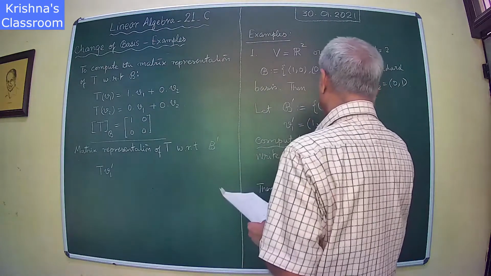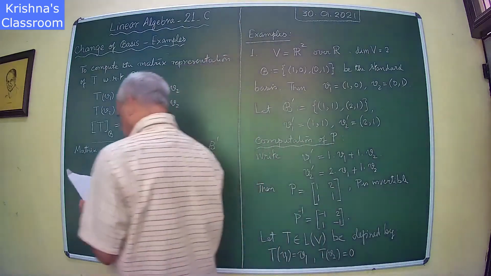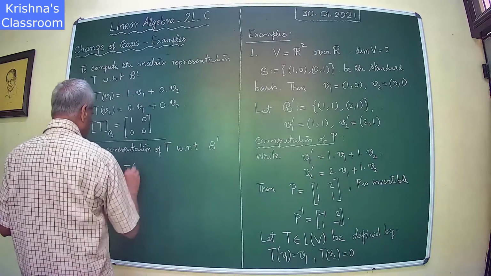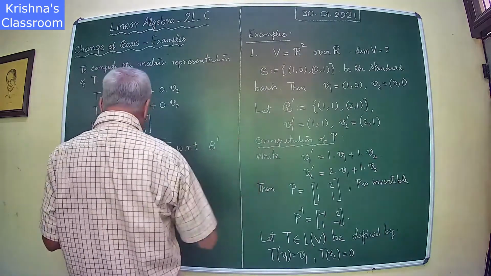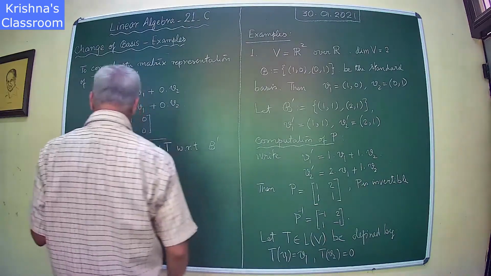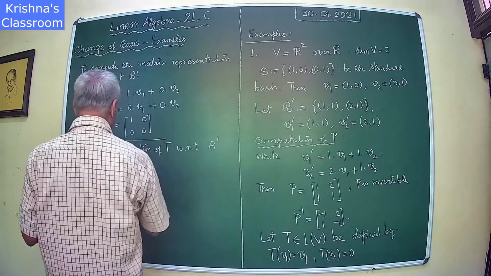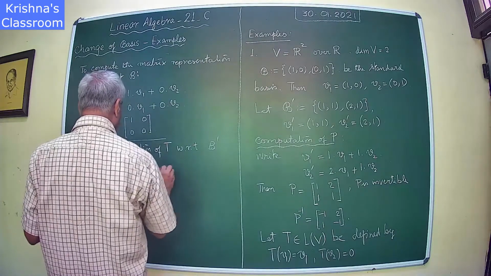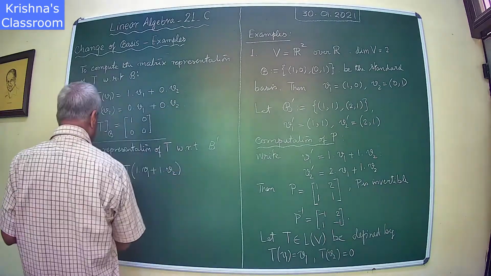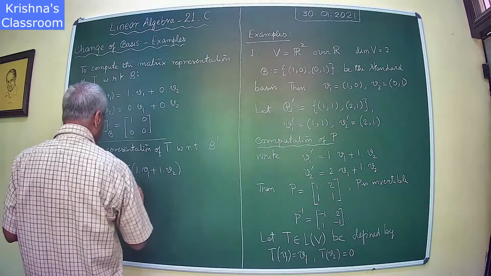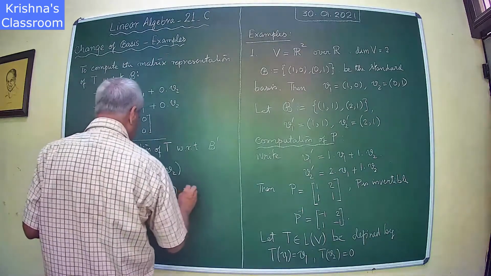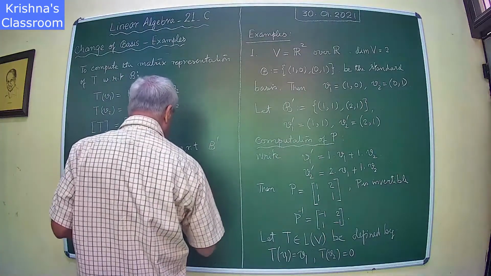V1 prime is 1, 1. So this is equal to T of what is V1 prime? V1 prime is actually 1 times V1 plus 1 times V2. Therefore, this is equal to V1.